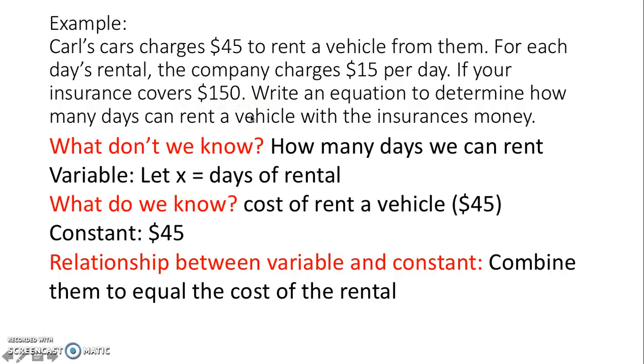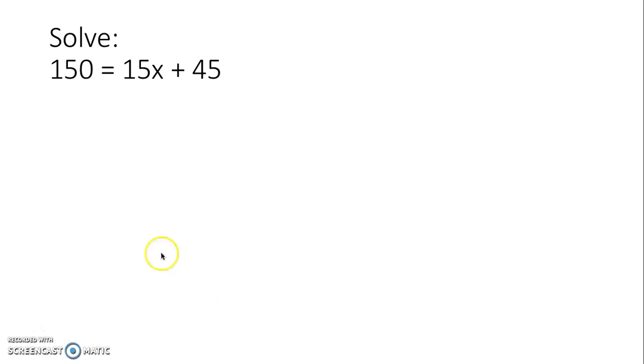That's the total. So $150 is equal to, we want to know how many days, and it costs 15 per day. So $150 is equal to 15x plus 45. Right? So how much money we have is equal to $15 per day, but we don't know how many days yet, plus 45. That's the down payment. So now let's take a second and solve.